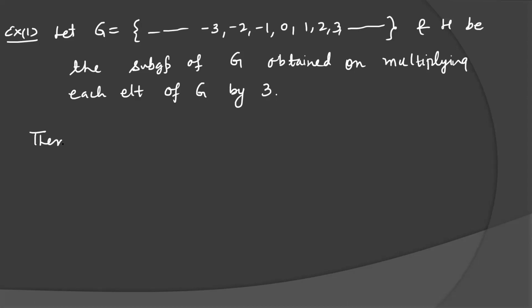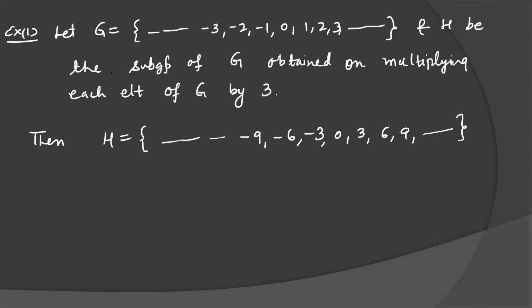Then what will be H? Yes, H will be, if you multiply every term by 3: -9, -6, -3, 0, 3, 6, 9. And we know that G, the set of integers, is an abelian group over the operation addition.